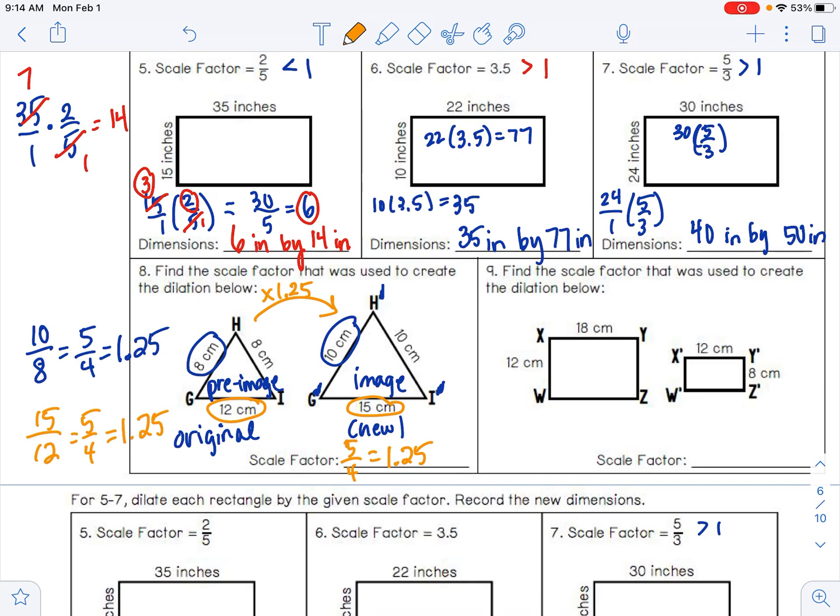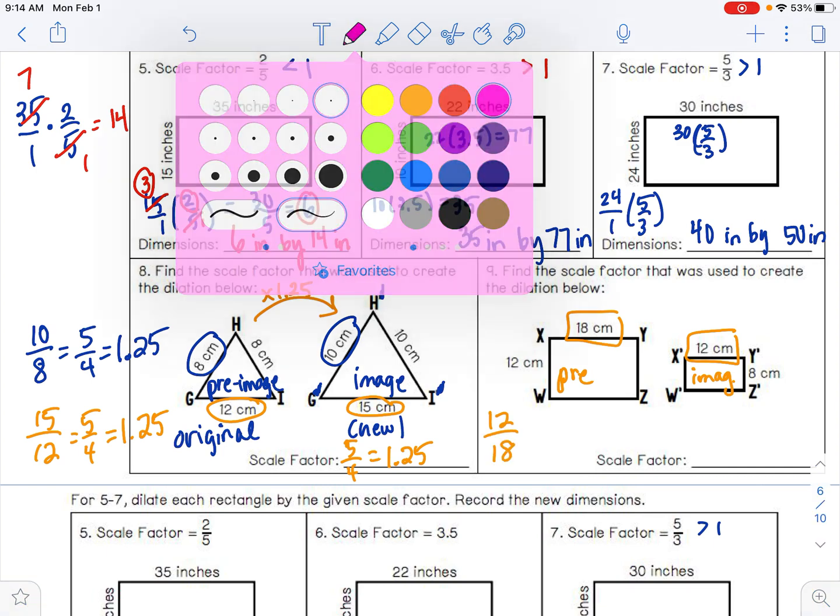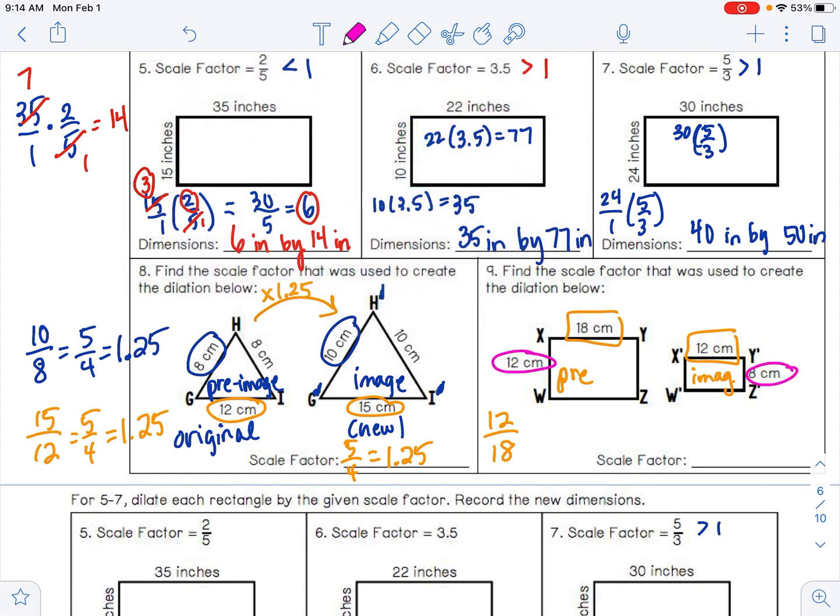Okay, for number 9, if I'm matching up, again, corresponding sides, this time my image got smaller, so I'm going to get a scale factor less than 1. I'm going to match up this 12 with this 18. Or I can match up this 8 with this 12.